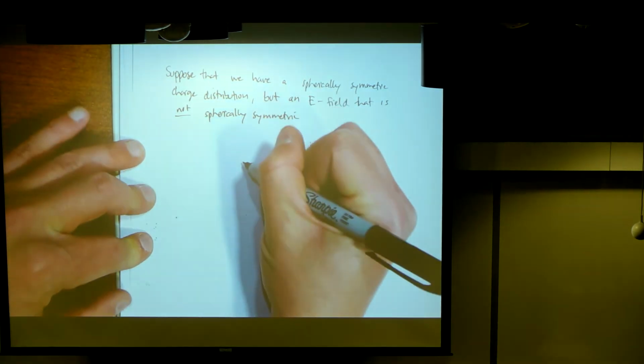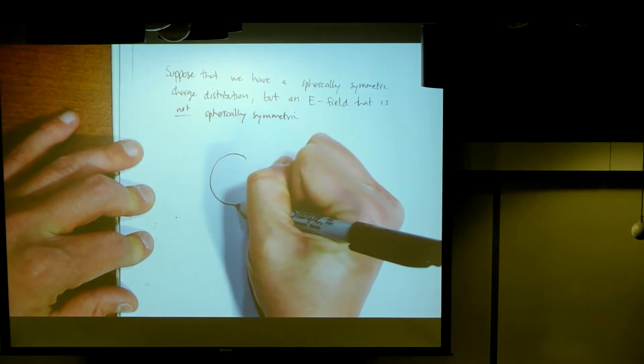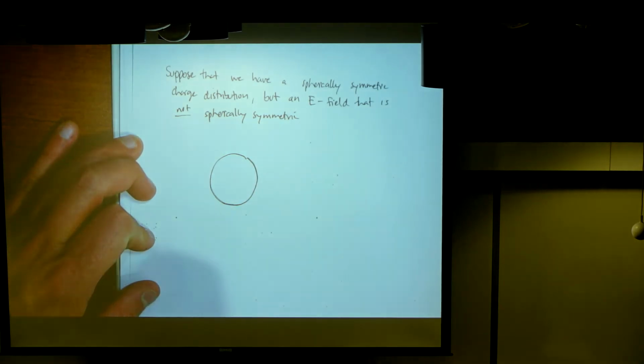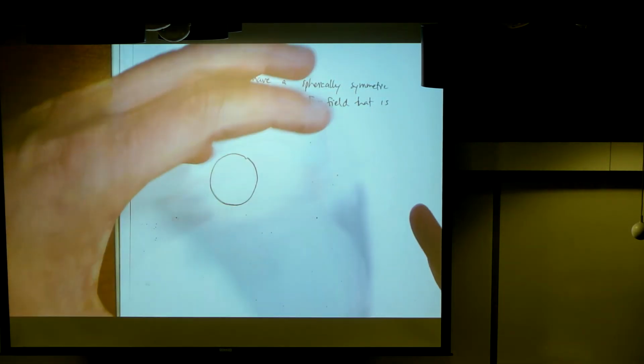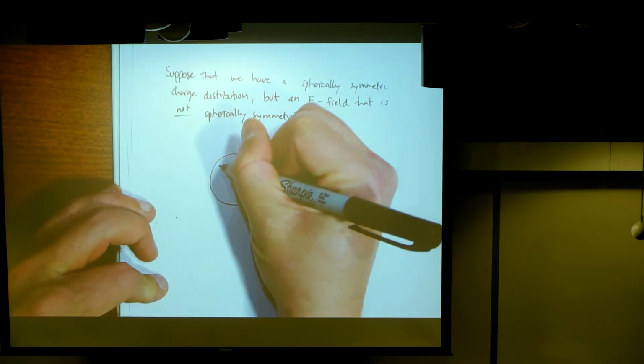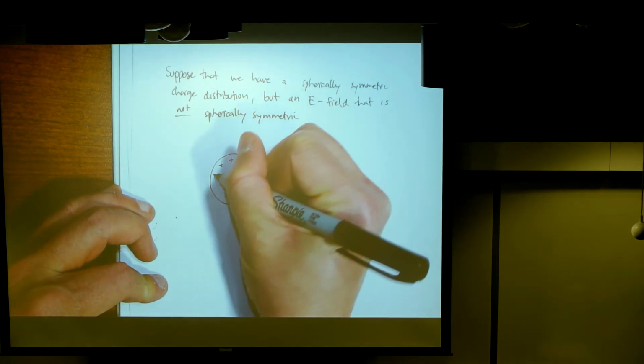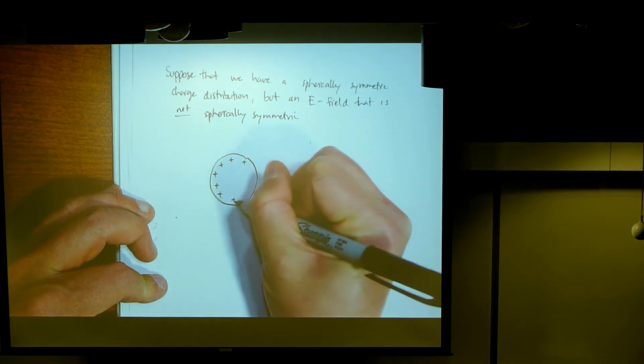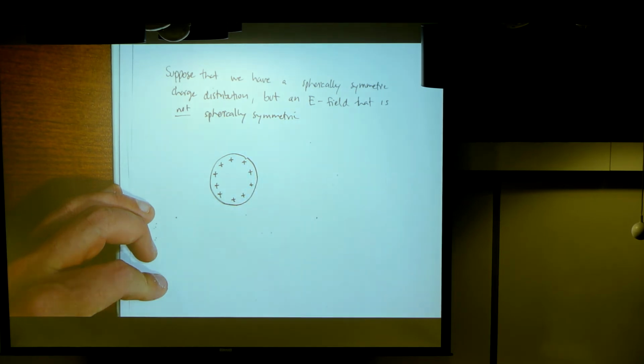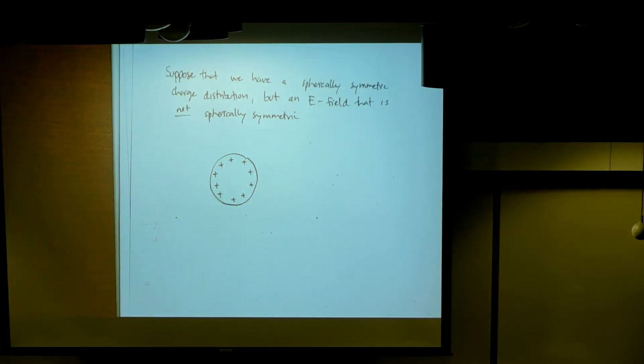So the classic example of a charge distribution which is spherically symmetric would be, literally, imagine a sphere containing positive charge evenly spread out along its outer surface. Okay?